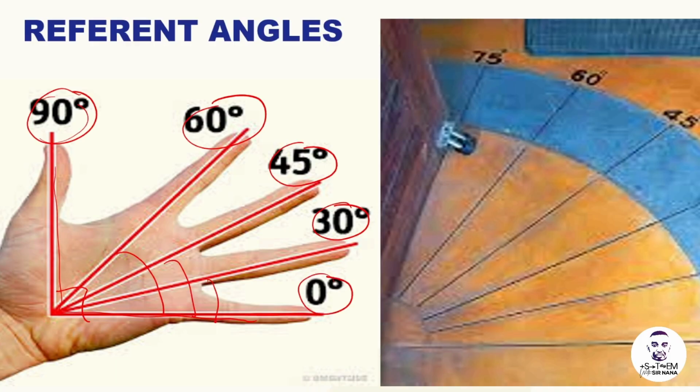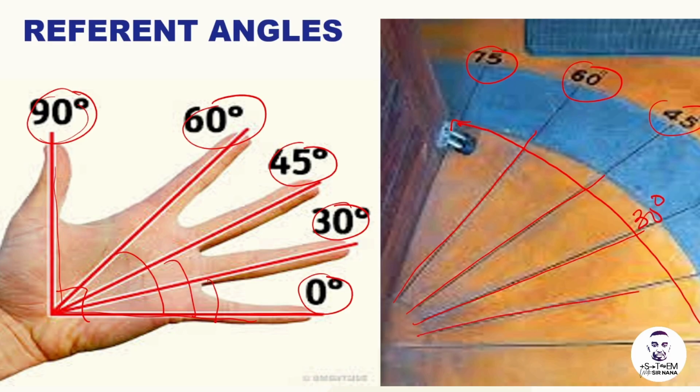Or let's consider opening a door. We can open a door as wide as getting a 75-degree mark. You could even go back to the 90 degrees. We can also open it as wide as having 60 degrees. We can open it as wide as having 45 degrees. Or we can close it further and have 30 degrees. Or even close it further and have 15 degrees. Or when we shut the door completely, when the door comes to the line here, then it means that it's at 0 degrees.